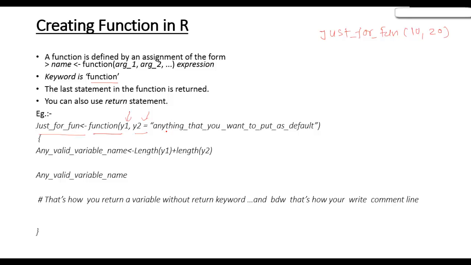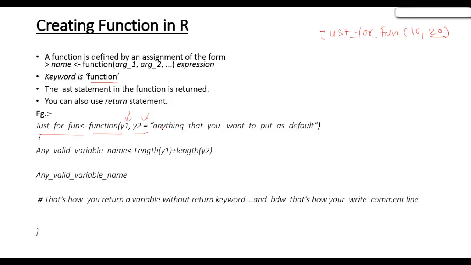If the user passes this 20, then y2 will get 20, and don't worry about the data type mismatch. Previously y2 was storing, let's say, the character data type, and now it will be storing this integer data type. Data type allocation in a particular variable is not a point to bother about in languages like R.